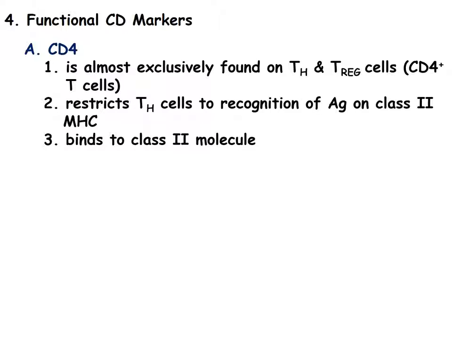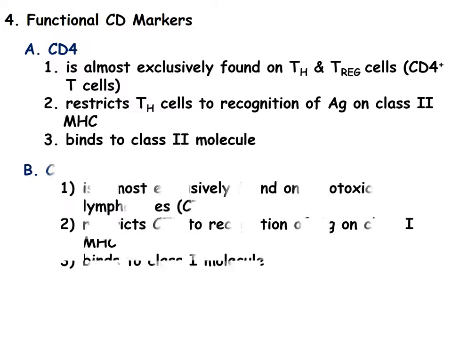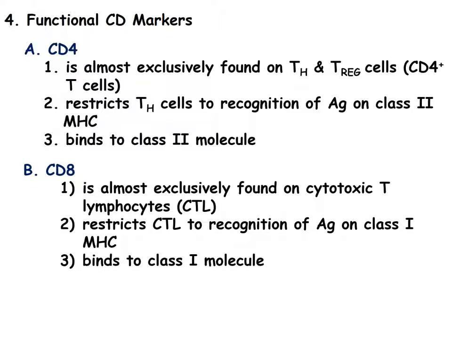So it dictates the fact that T helper cells will interact with antigen on class 2 as opposed to class 1. So the CD4 does that because it itself binds to class 2, whereas CD8 is almost exclusively found on cytotoxic T lymphocytes, otherwise known as T cytotoxic. And they restrict the CTLs to recognition of antigen on class 1 MHC, so not surprisingly, it binds to class 1 molecules themselves.